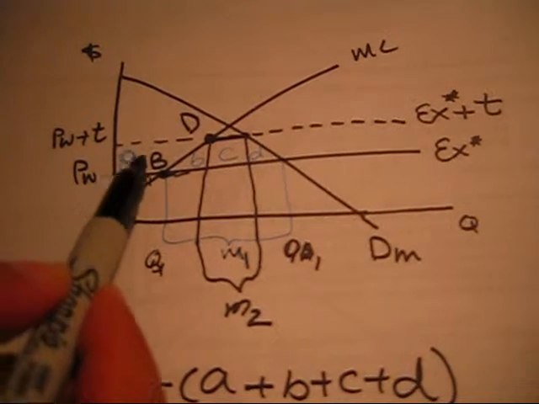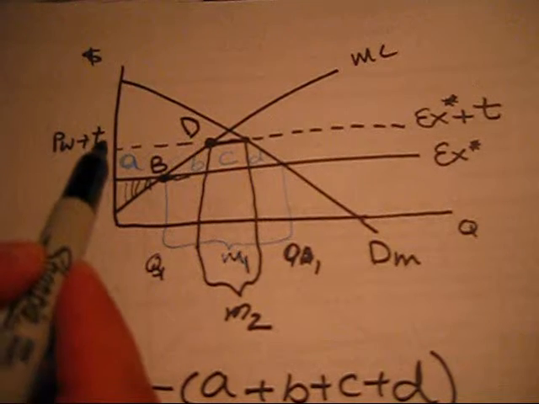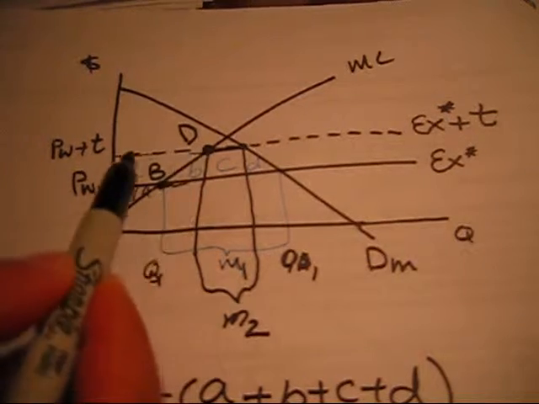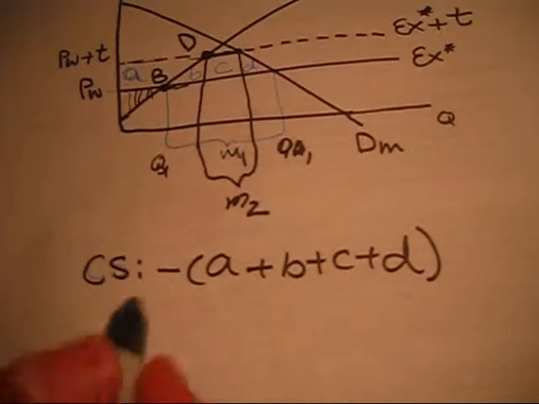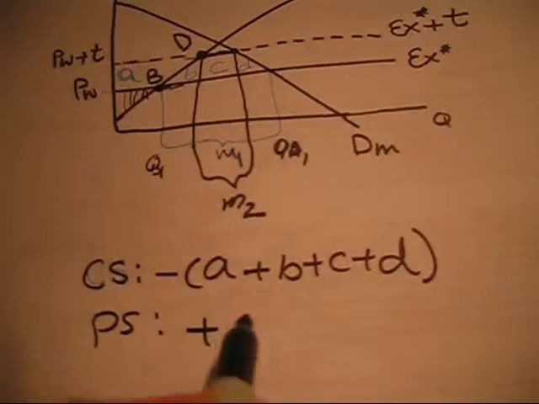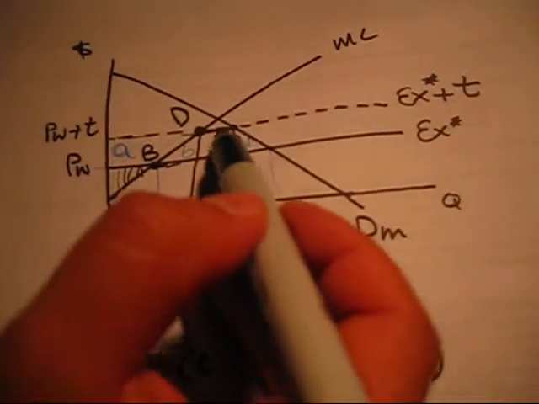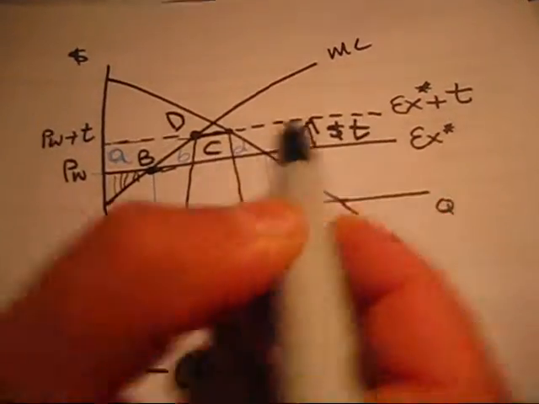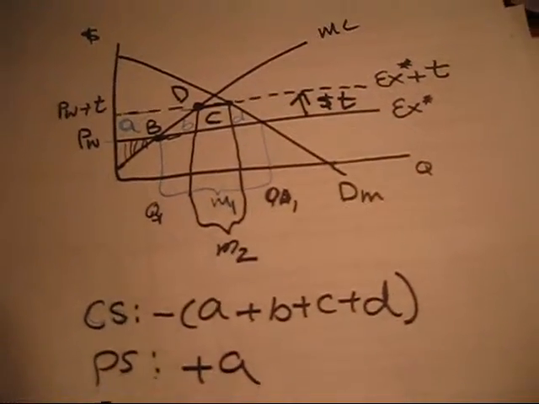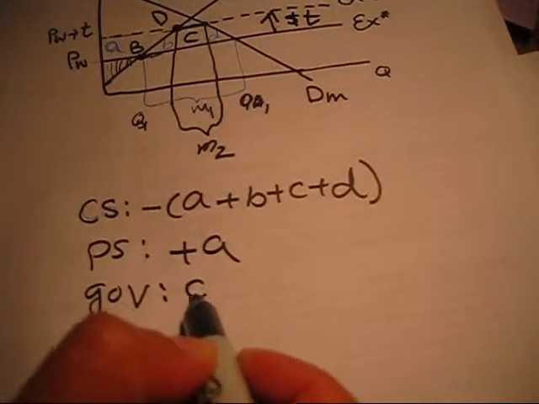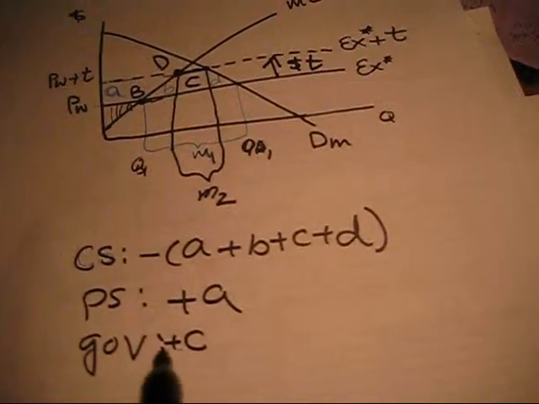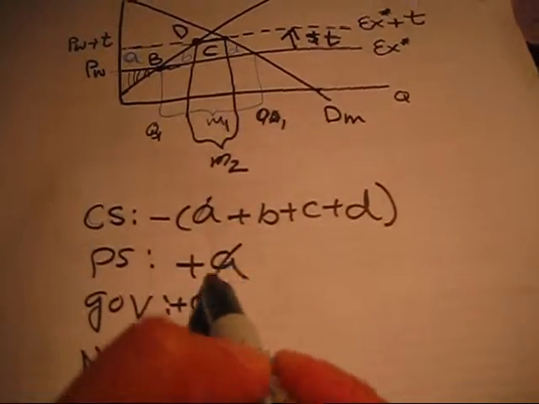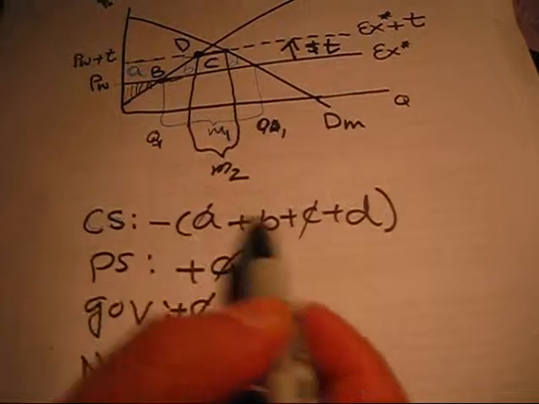Now this A is added at PW plus T. It's more expensive, the price goes higher for the producer, so it's better for them. They gain area A. So producer surplus plus A. Government gets this triangle, which is the amount of $T, government gets C plus C. So the net effect: A cancels A, C cancels C, because this is a negative sign.